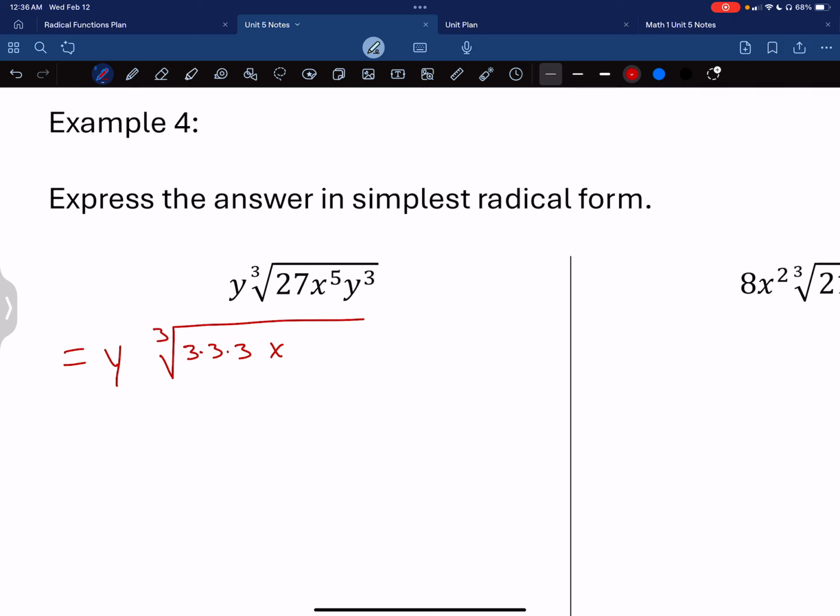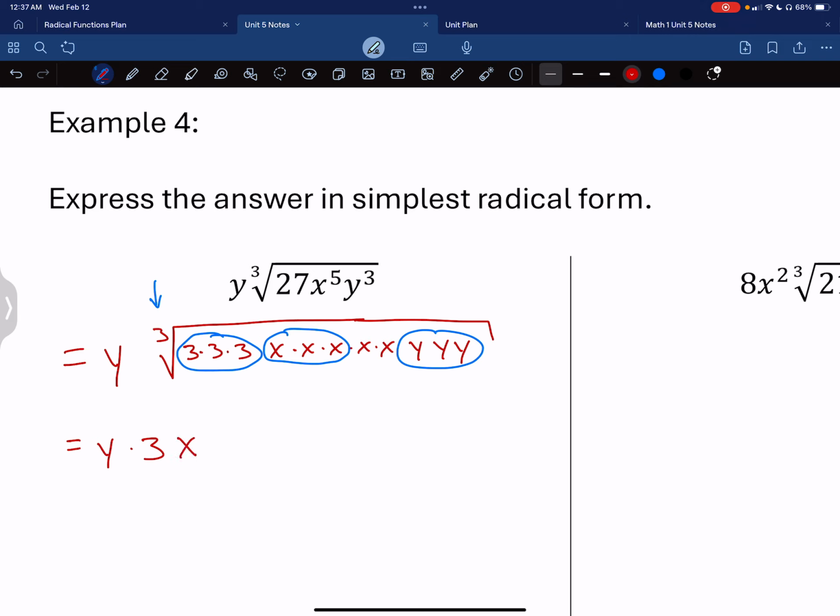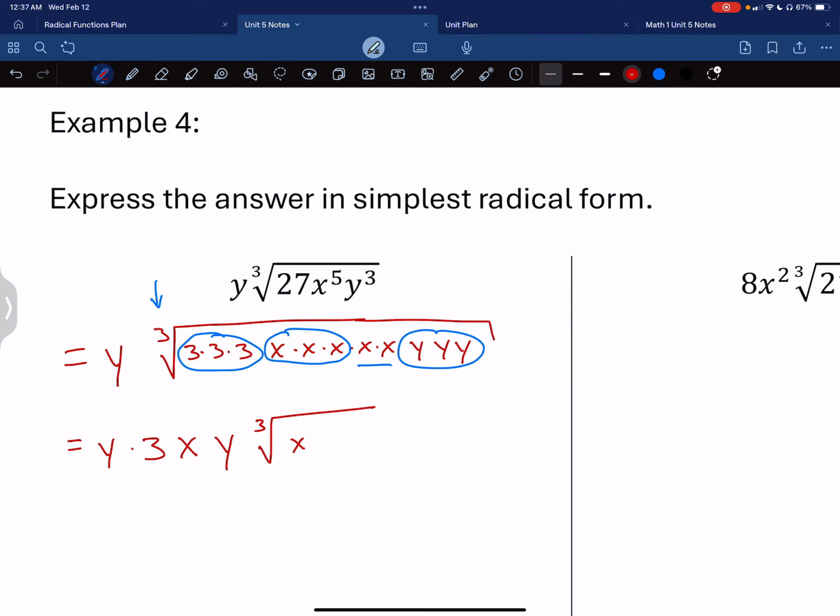Then we have 1, 2, 3, 4, 5 x's, and 1, 2, 3 y's. I'm just looking for triplets. I have a group of 3's, a group of x's, and a group of y's. So we can pull 3's out, we can pull an x out, we can pull a y out, and we're going to be left with just 2 x's inside. So inside the cube root we have x squared.